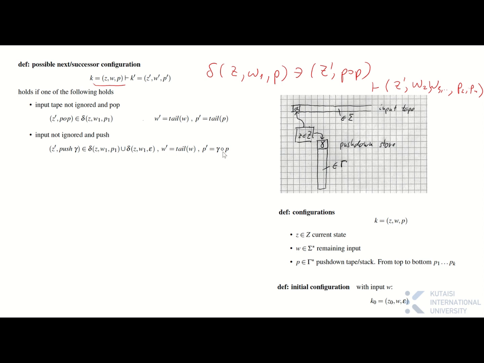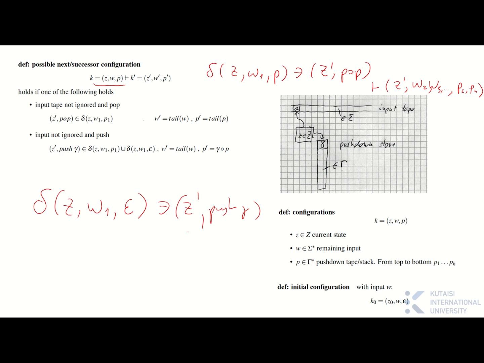But now the main caveat is this guy. So let me write this. What does this represent? Delta of Z, W1, epsilon. Let's say this guy contains Z prime push gamma.